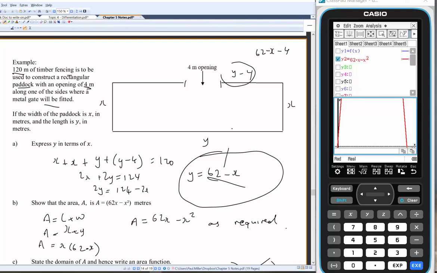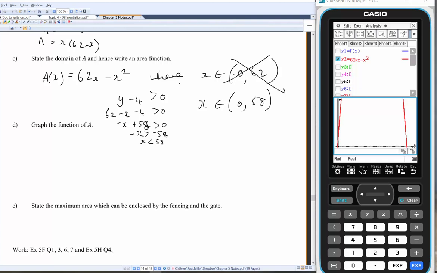So I've put this value of y in here, and if you let x equal 59, 62 take 59 take 4 means that this is going to be 3 take 4, which equals -1, and pretty hopeless paddock if it's got an area or a length of -1.